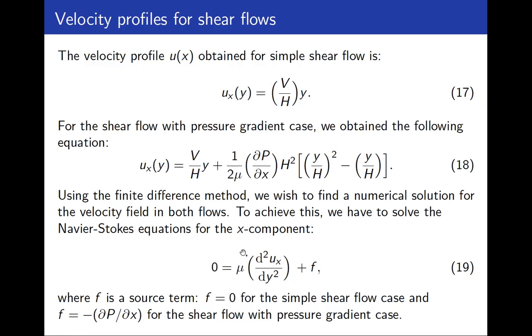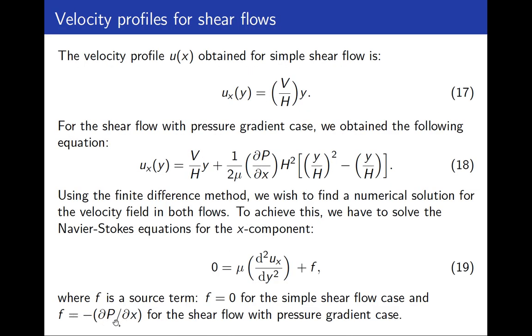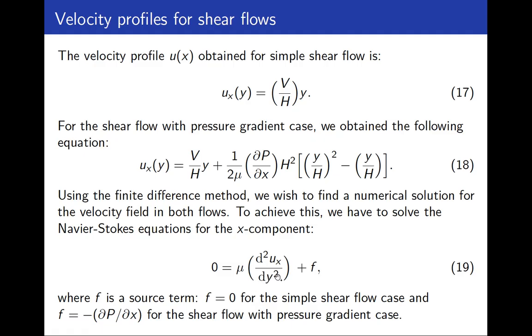This equation involves an f, where f is a source term. When f is equal to 0, we have the simple shear flow case, and when f is equal to the pressure gradient, we have the case here. Remember, we want to solve this equation using the finite difference schemes that we applied before.